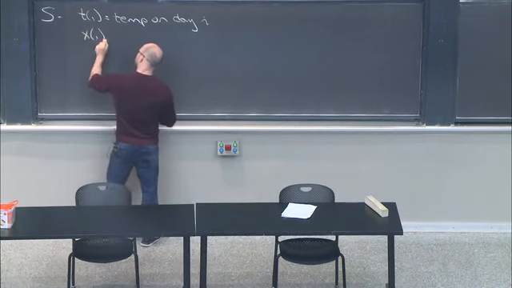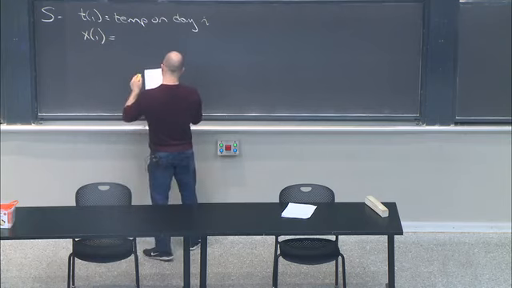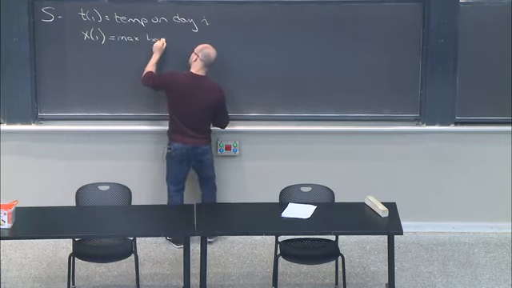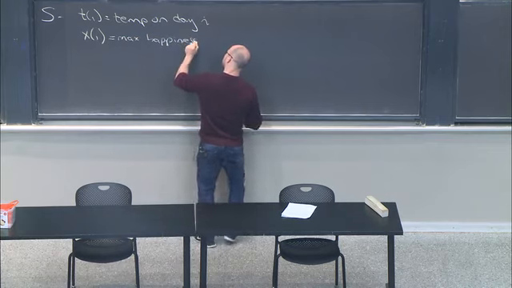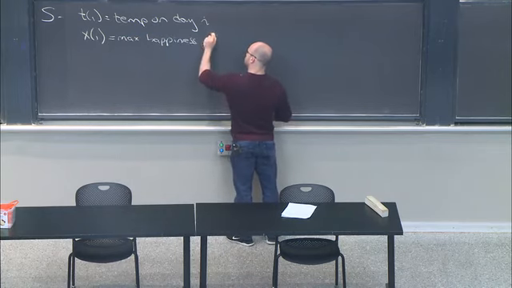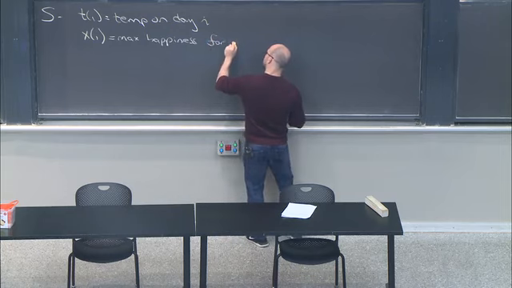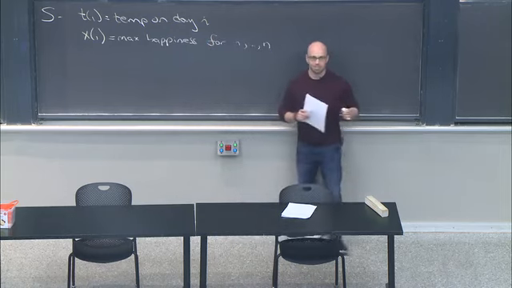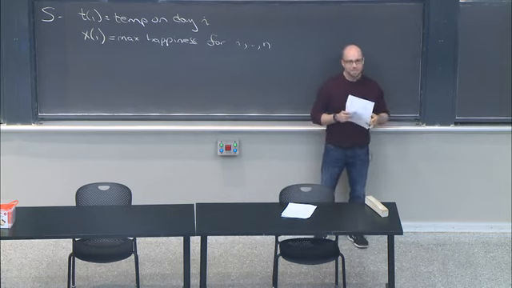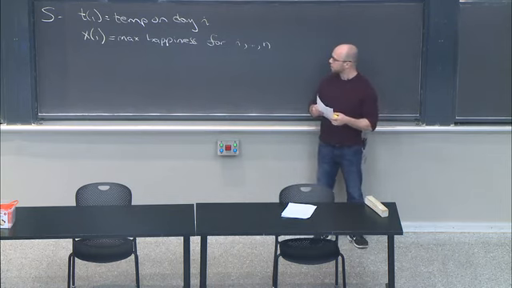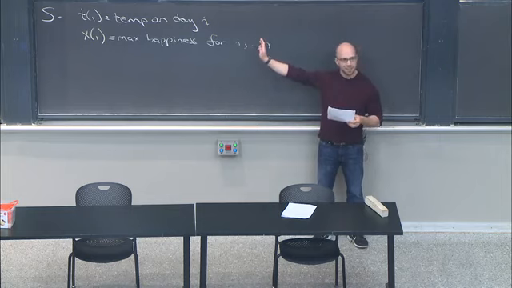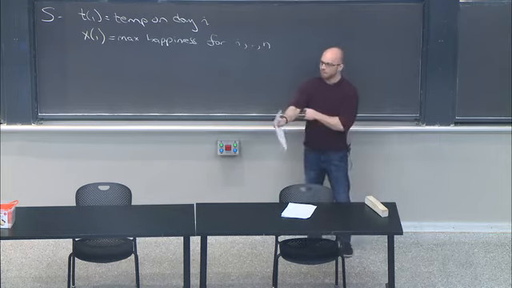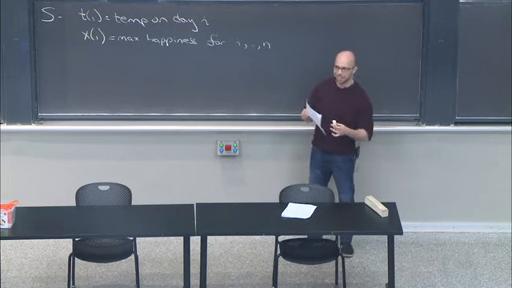This is going to be x of I, which is the maximum happiness that you can achieve if you only consider the calendar from day I to day n, inclusive. Incidentally, just for convenience, we'll assume that x of I is equal to 0 if I go past the end of my array, which is a typical thing to do in these DP algorithms.